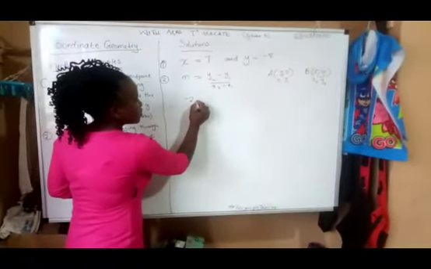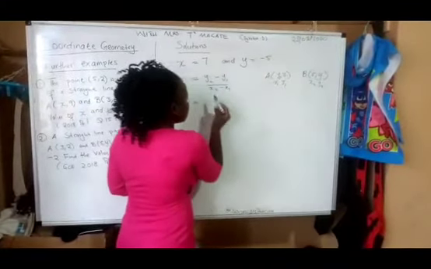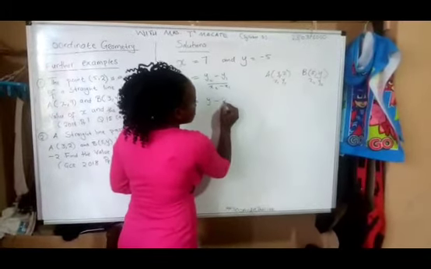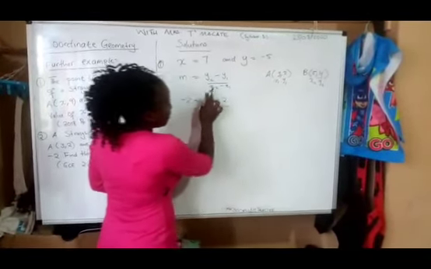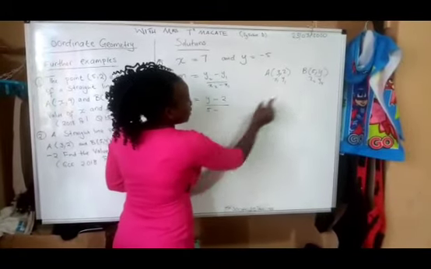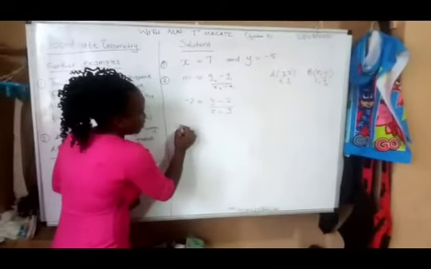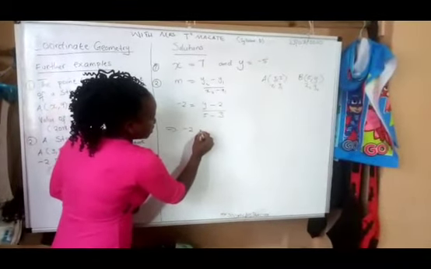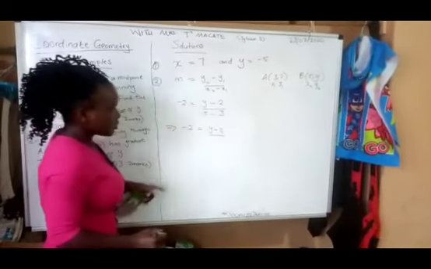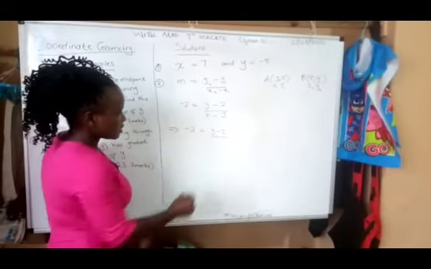And our y2, from our coordinates, we have y. And our y1 is 2. Our x2 is 5. And our x1 is 3. So we're going to have -2 is equal to (y minus 2) over, there's nothing we can do with what's on top, then 5 minus 3 will give us 2.